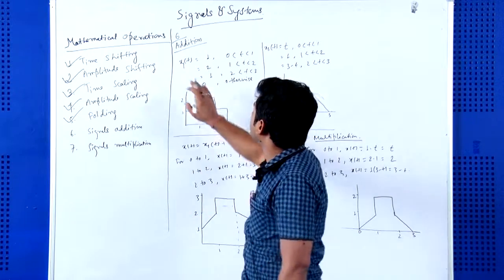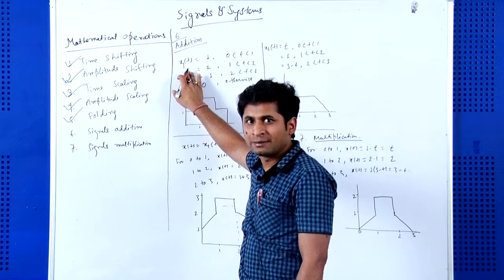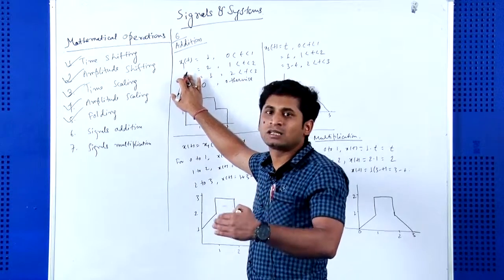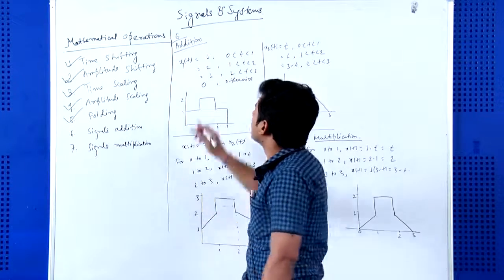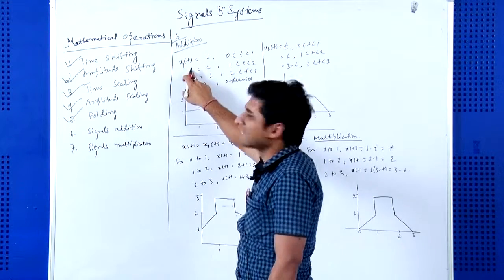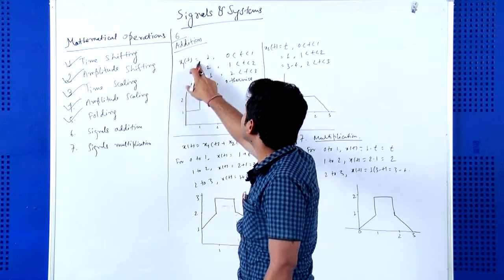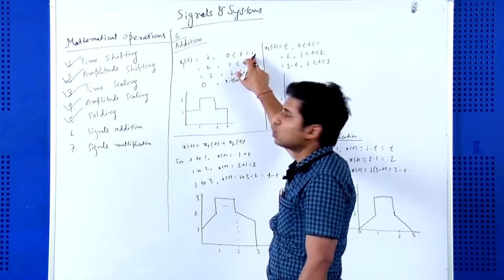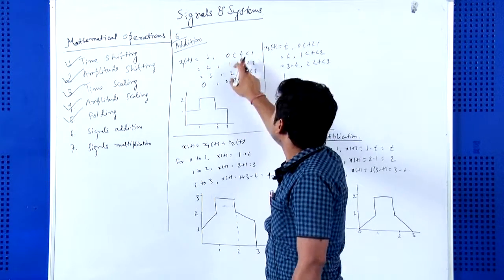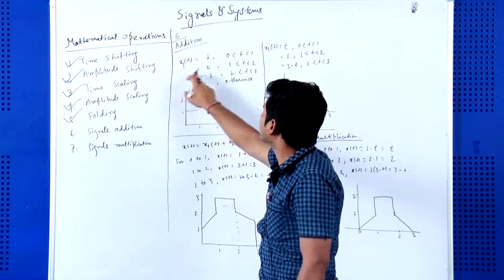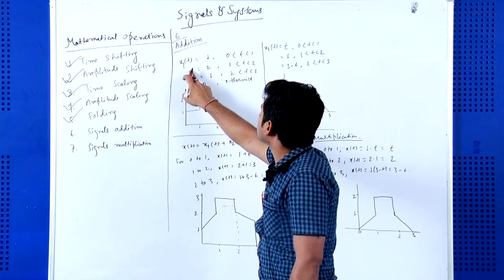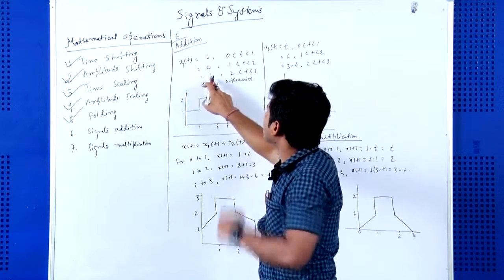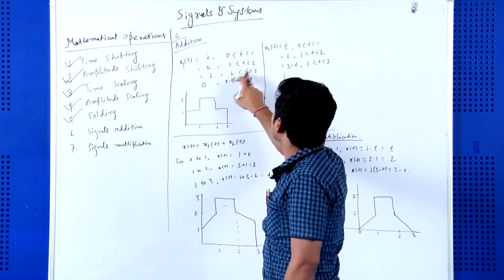Let us consider, I am discussing it with the help of examples because it is quite easy to understand. x1(t) is given as: x1(t) is equal to 1 for time between 0 to 1, 2 between 1 to 2, and 1 between 2 to 3.